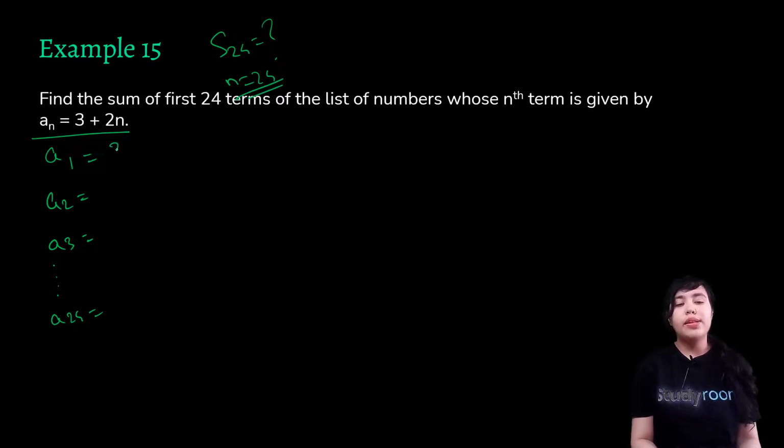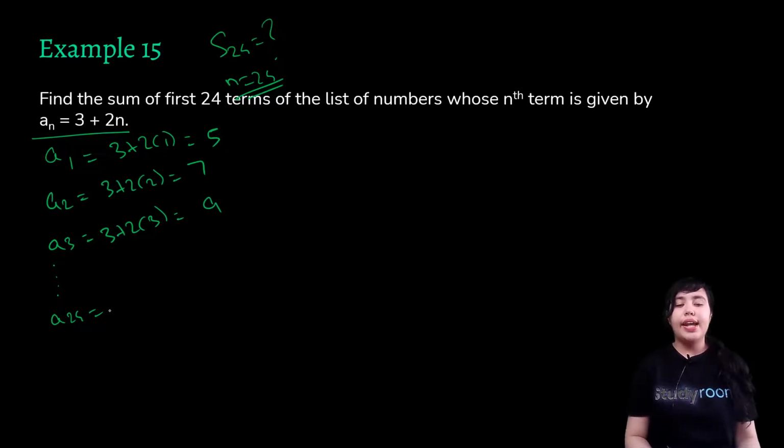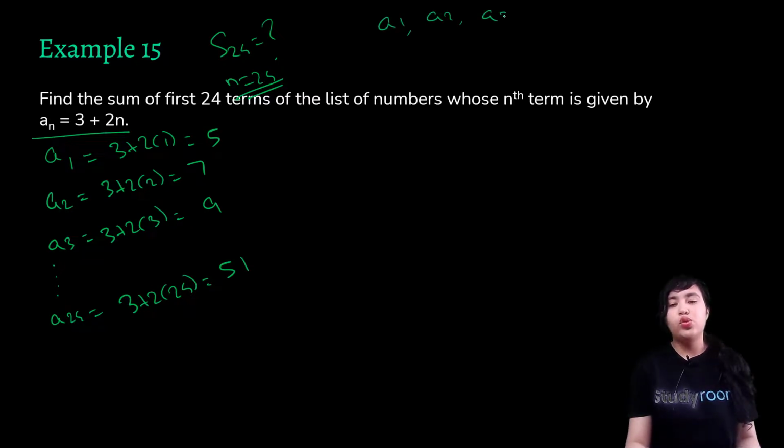So a1 will be 3 plus 2 into 1, which makes it 5. a2 will be 3 plus 2 into 2, 4 and 3, 7. a3 will be 3 plus 2 into 3, and this will be 9. And a24 would be 3 plus 2 into 24, which is 3 plus 48, which is 51. So I am having a1, a2, a3 going on till a24, and they are like 5, 7, 9 going on till 51.